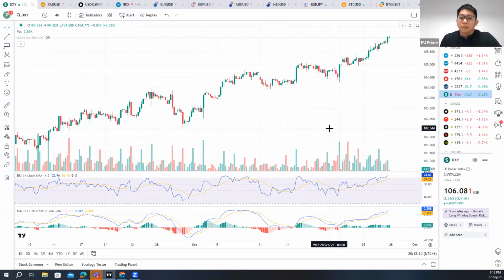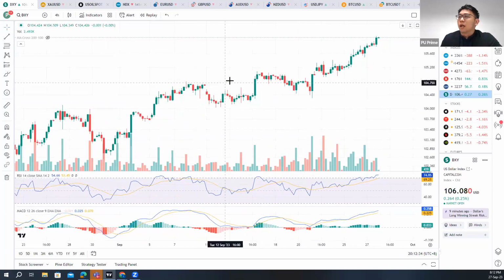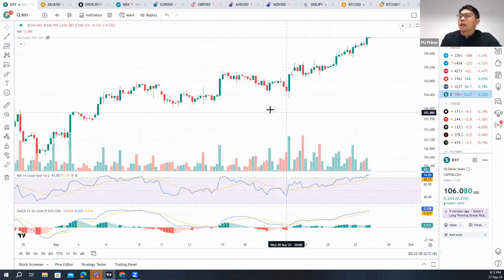Time is up for them to get the bill passed by 30th of September. So we are now near to the date already. That's why we can see now the dollar as a safe haven asset continues to climb.